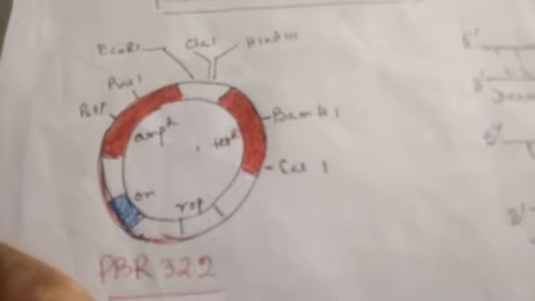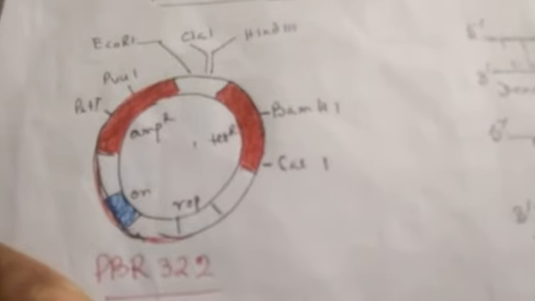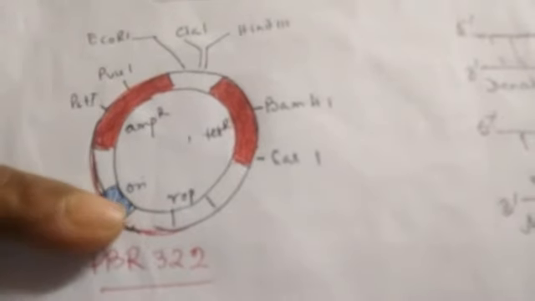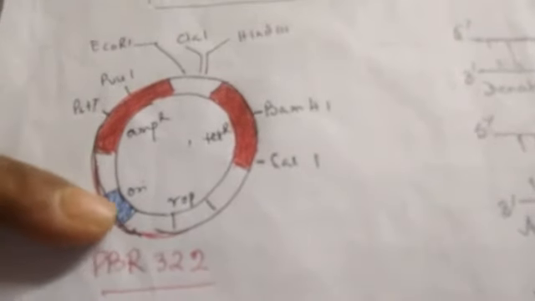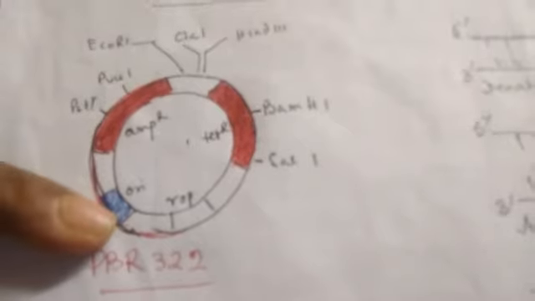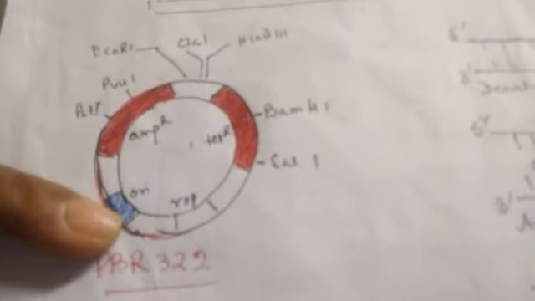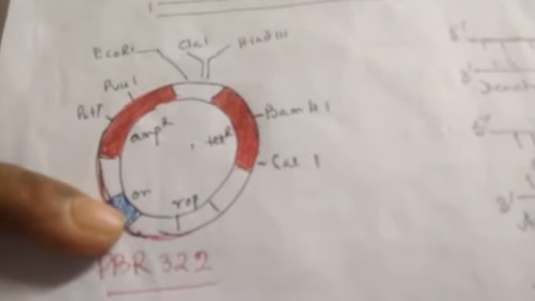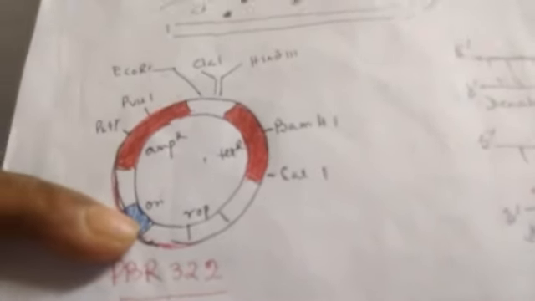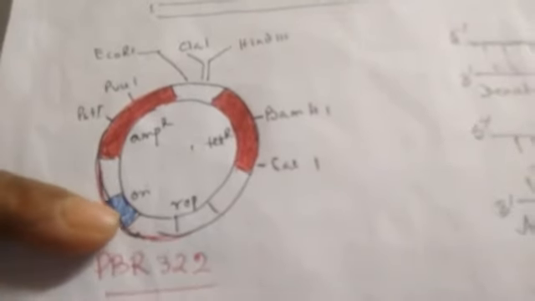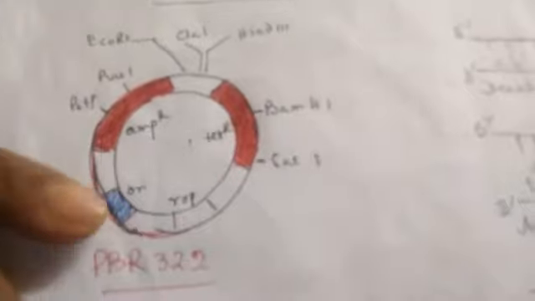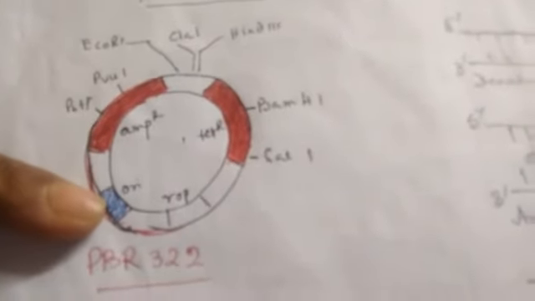Now, what are the characters of a cloning vector? Already we have discussed. So let us see whether it has them. First of all, the origin of replication. So here we find the origin of replication. So now you are sure that this plasmid will be able to replicate, and if it is carrying our gene of interest, the gene of interest will also be replicated, and we can get numerous copies of that gene and, as a result, enough amount of products.